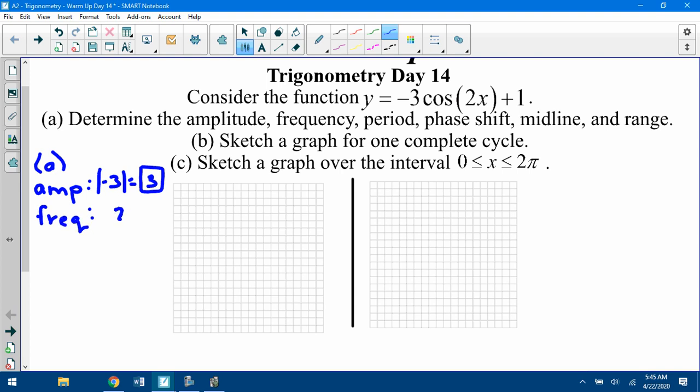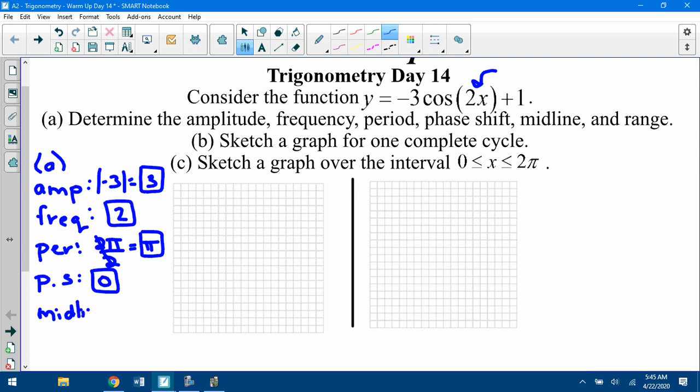Frequency is 2, number in front of the x. What's the period? 2 pi over b, so 2 pi over 2, period is pi. What is the phase shift? No phase shift because, again, there's no plus or minus in here. There's no horizontal shift.